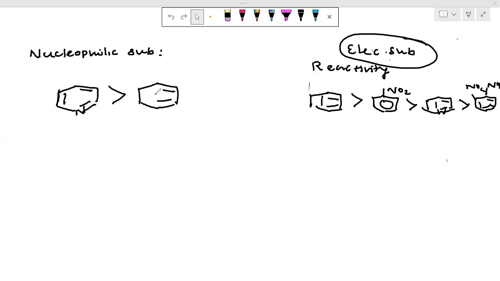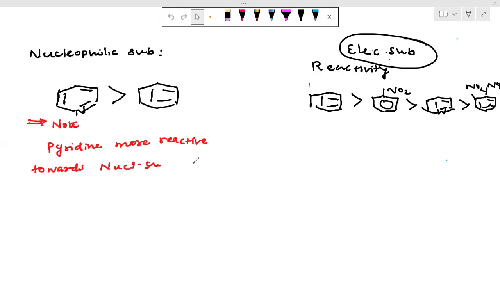Very important, the reactivity when a nucleophile comes in. So, important note: pyridine is more reactive towards nucleophilic substitution than benzene.